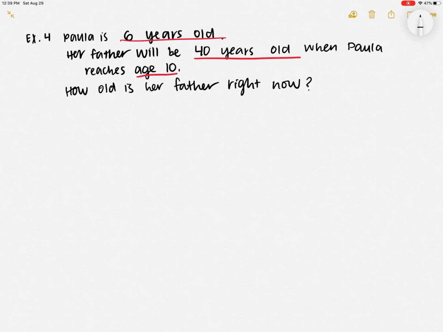For the last problem, it tells you that Paula is 6 years old. Her father will be 40 when Paula reaches age 10. How old is her father right now? To make this easier for us to see what it's asking, I'm going to draw a table. So we have Paula's age and her dad's age.